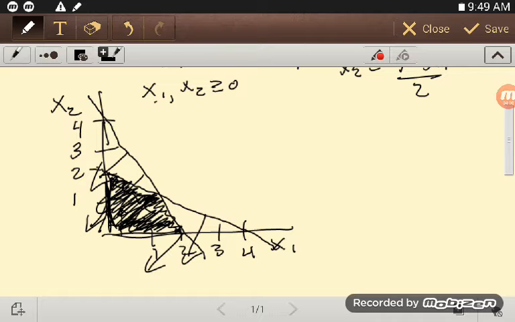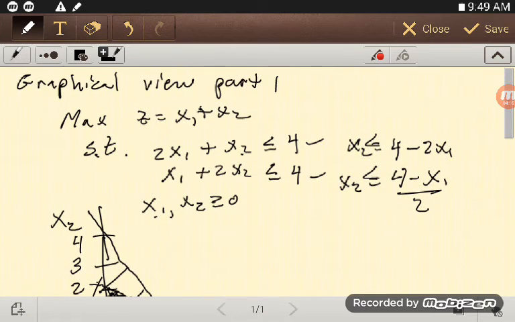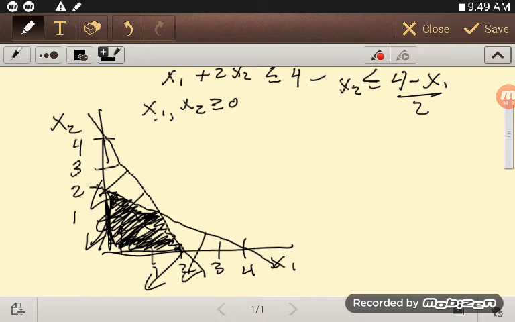I'll do a part 2 on decimals where you can see things a little better. But we have that. And then what I'd like to do is maximize x1 plus x2. Well, pick a number, like x1 plus x2 equals 2. That's the same thing as x2 equals 2 minus x1.